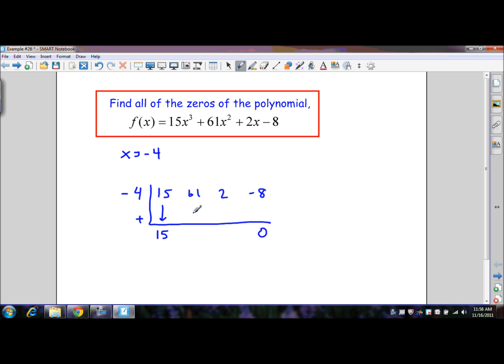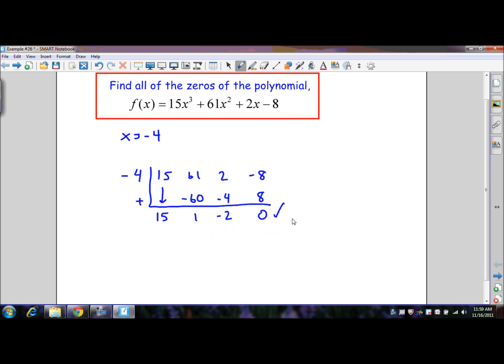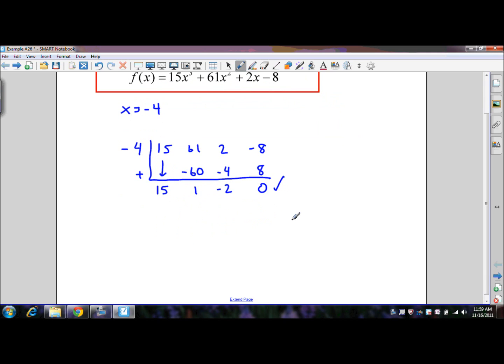So I have 15. Remember, you drop that down, and then I add vertically, multiply diagonally. So 15 times -4 is -60. So that gives me 1, -4, -2, +8, and I did it right because my remainder is 0.